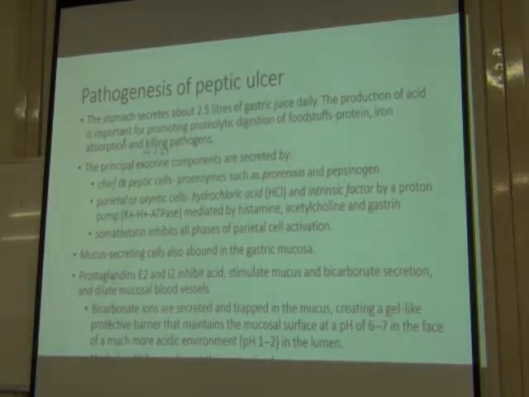Your peptic cells release your prorenin and pepsinogen, while your parietal cells secrete your hydrochloric acid and some intrinsic factor. We said that gastric juices are mainly made up of hydrochloric acid, and that's what gives it the acidic component.